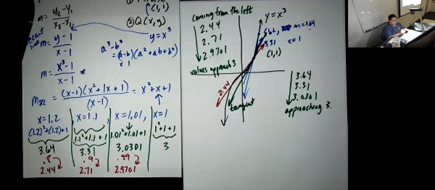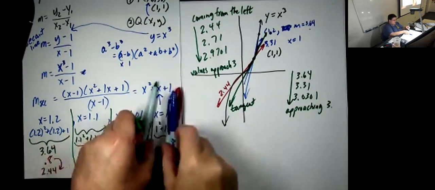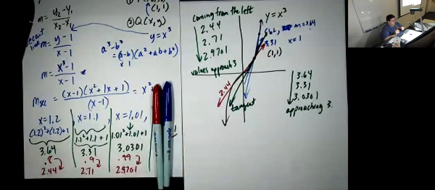So even if I don't plug in x equals 1, let's say I couldn't, let's say there's a hole in the graph there, I could still figure out what the tangent line would look like there just by looking at the secant lines as it gets closer.